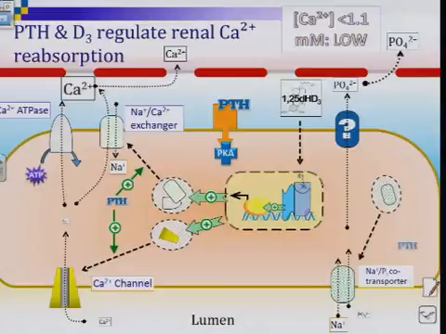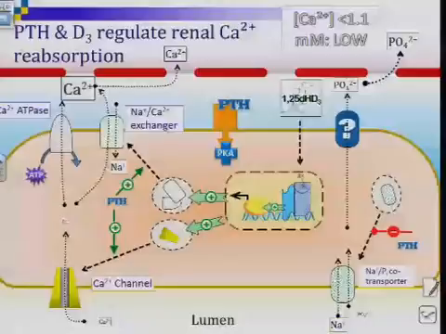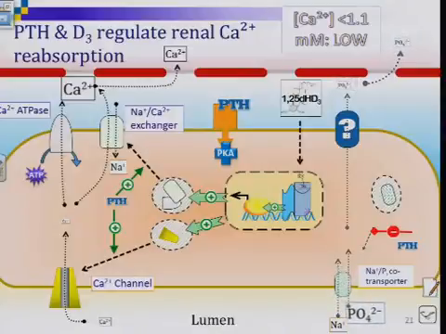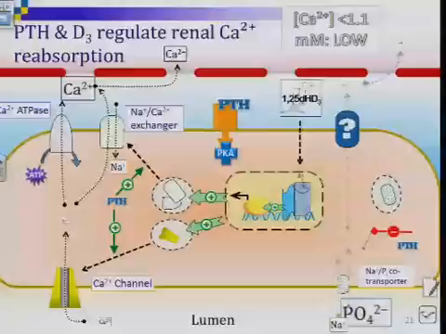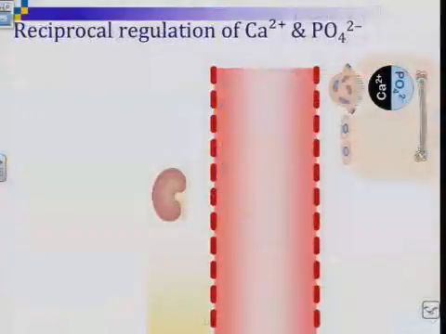And so parathyroid hormone also inhibits transport of the sodium phosphate cotransporter to the cell surface, decreasing the reabsorption of phosphate from the lumen. And the GI mechanism is not exactly like that, but it's close enough, so we probably don't have to worry about it.